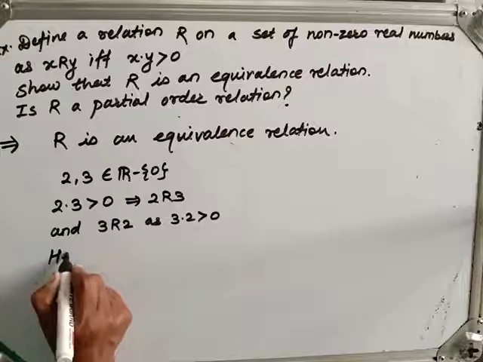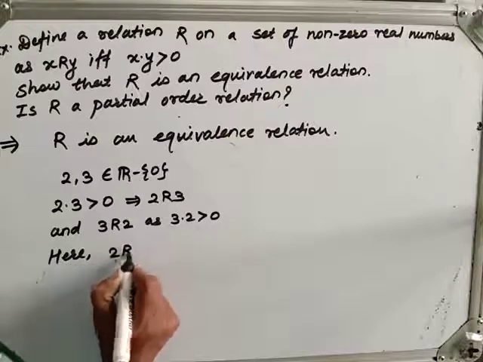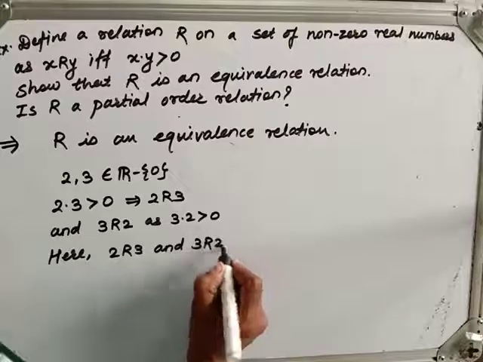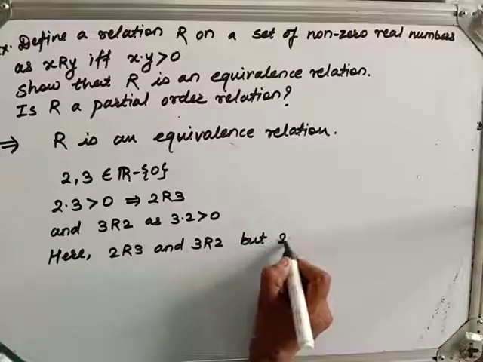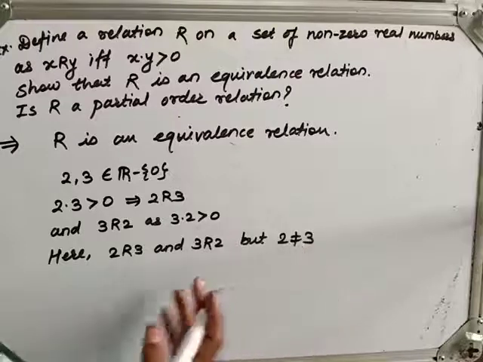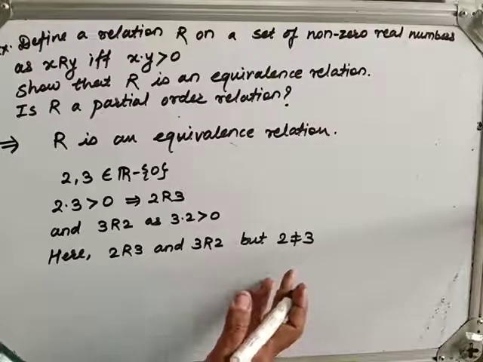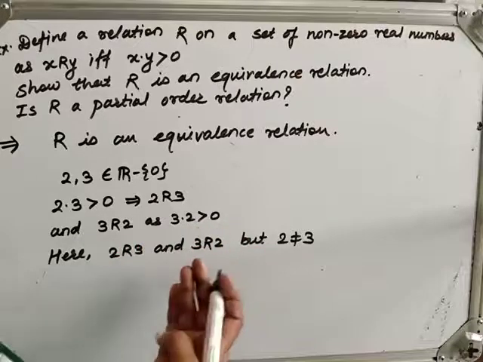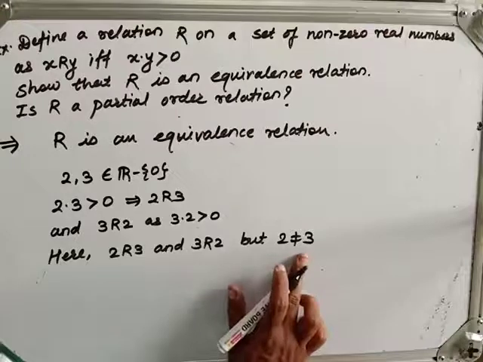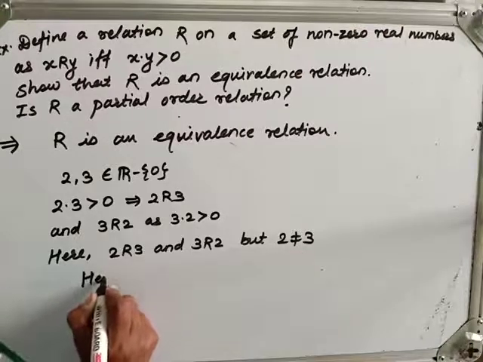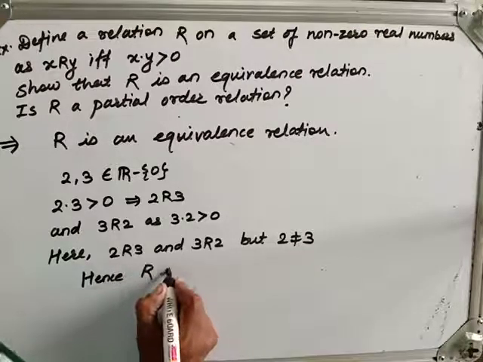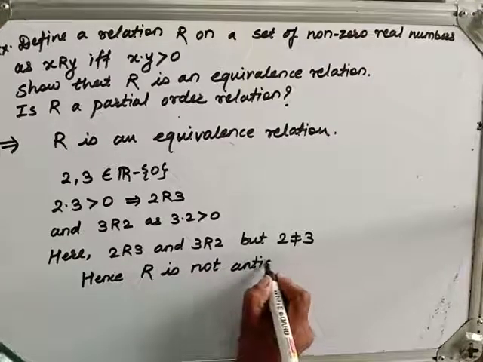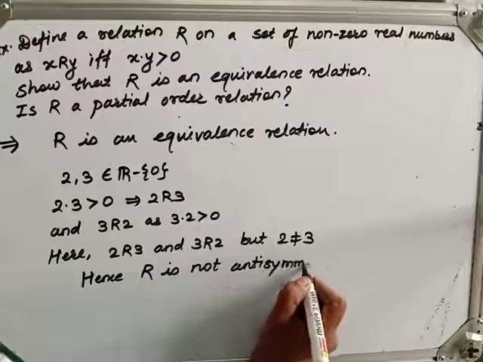So here we get 2 related to 3 and 3 also related to 2, but 2 is not equal to 3. We can find many such pairs in which the product is positive even when we commute them, but they are not the same. Hence R is not antisymmetric.